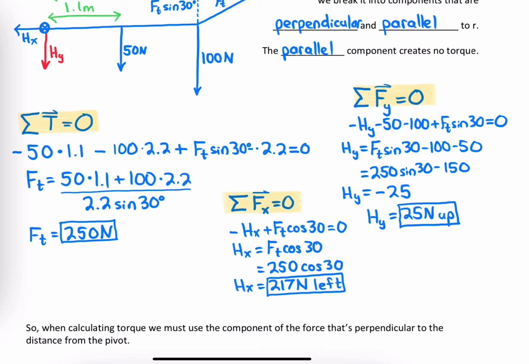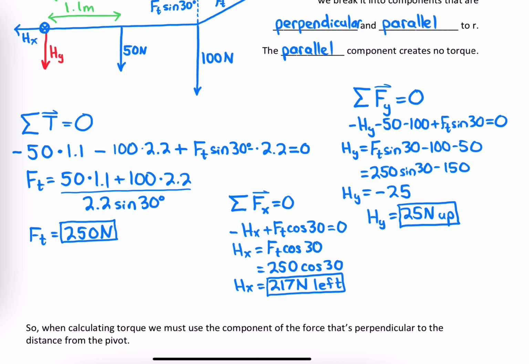And we did have one little scenario where we got a negative number for the magnitude of a force. That just meant the direction we had assumed for that force must have been wrong, and that it actually must be going in the opposite direction we'd assumed. So because we assumed it was going down, we now know that it must have actually been going up.